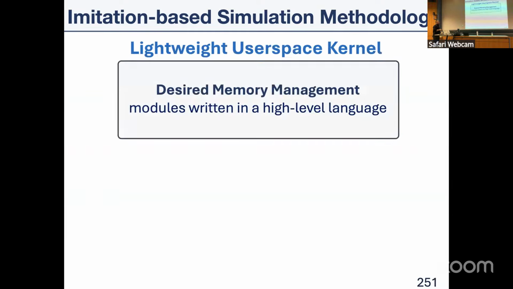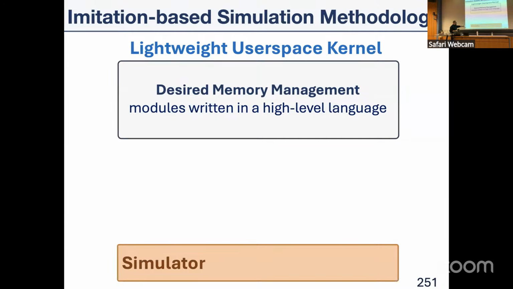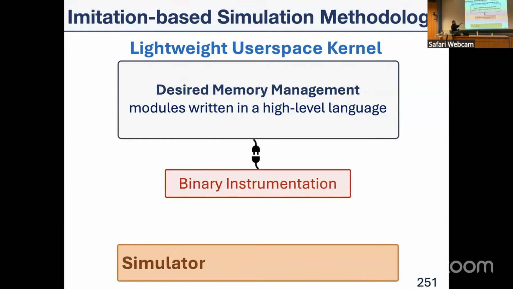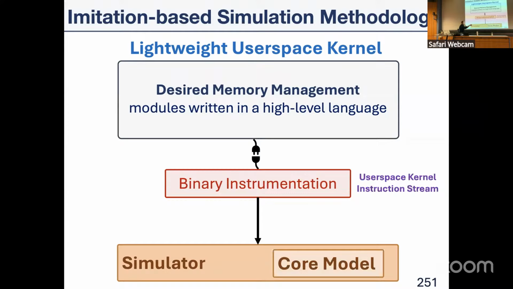The imitation-based simulation methodology works in the following way. We have the lightweight user space kernel that imitates the memory management algorithm that we want, and we have a simulator on the bottom. How does this work? We have a user space program. We binary instrument it. Binary instrumentation means that you can think of it as some sort of just-in-time compilation where I can figure out the exact assembly instructions being executed on the fly by the program. I take these instructions of the user space kernel instruction stream, and I feed them into the performance model of the core that I designed in the underlying simulator.